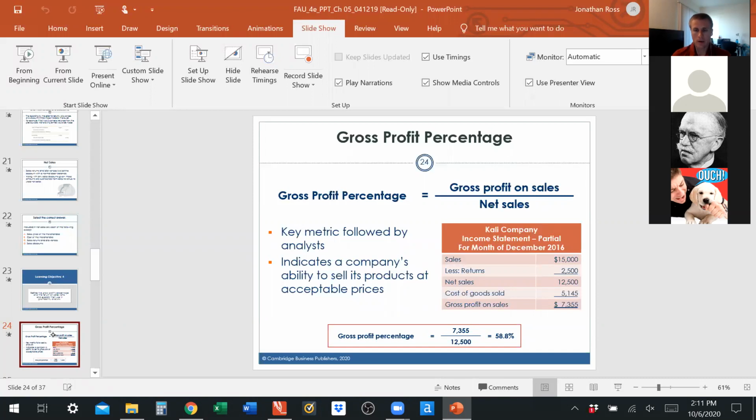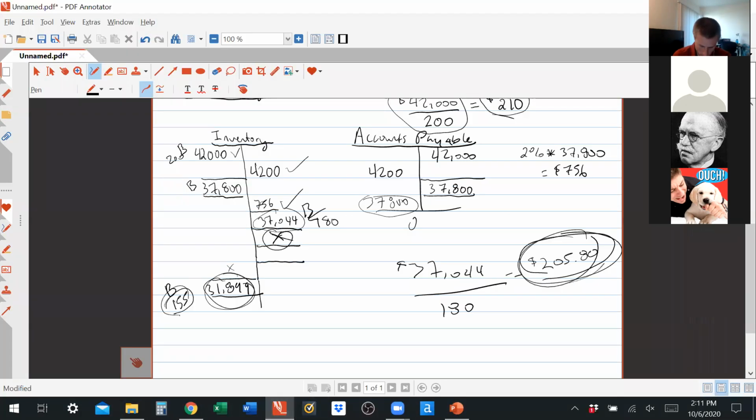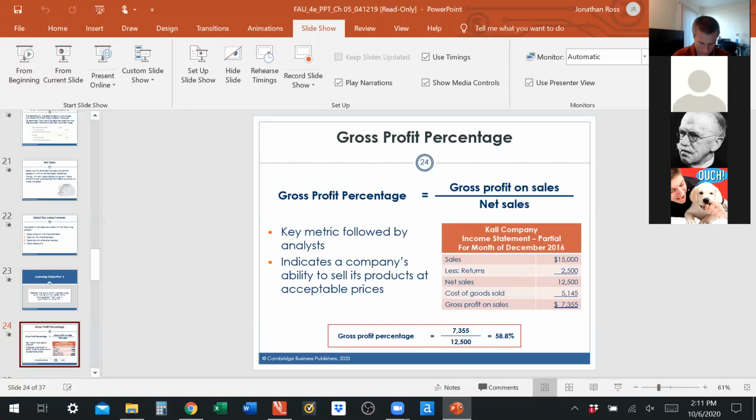And the cost, what it originally cost them for those 25 cameras that they sold. They sold 30, but then 5 were returned. So those 25 that they originally sold, what did it cost them? It was the 25 times the 205.80, which is the $5,145.